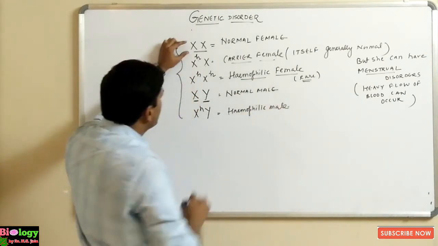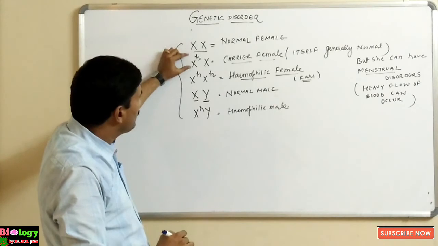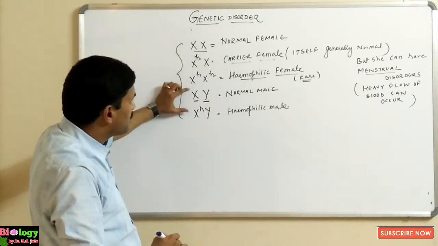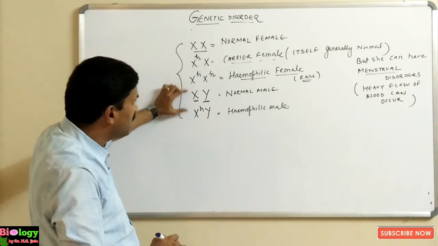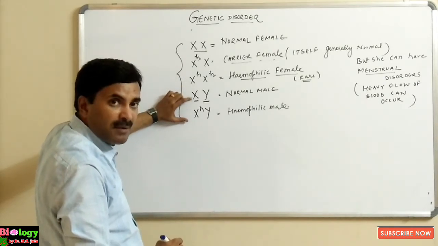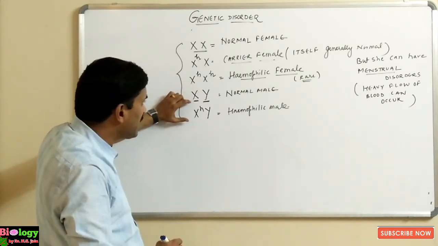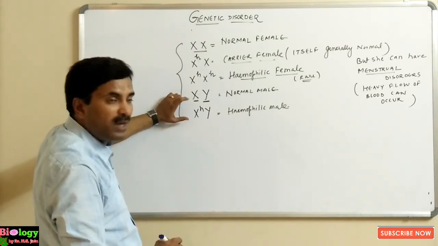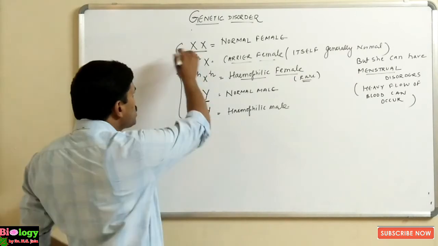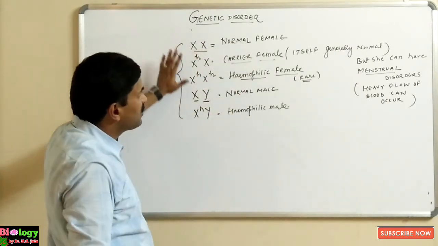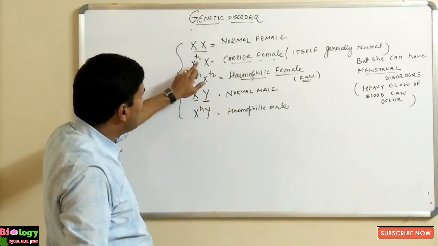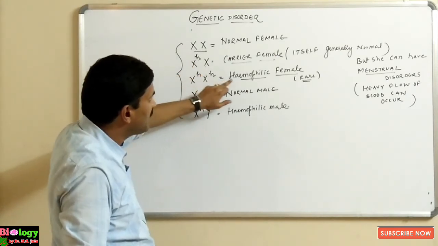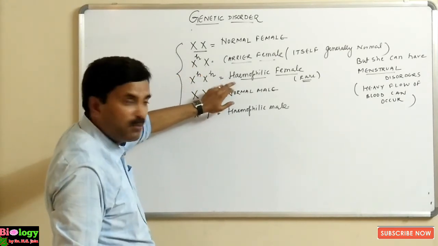So a female can be normal, carrier or hemophilic, but a male can be only normal or hemophilic. A male cannot be a carrier, because he has only one X chromosome.